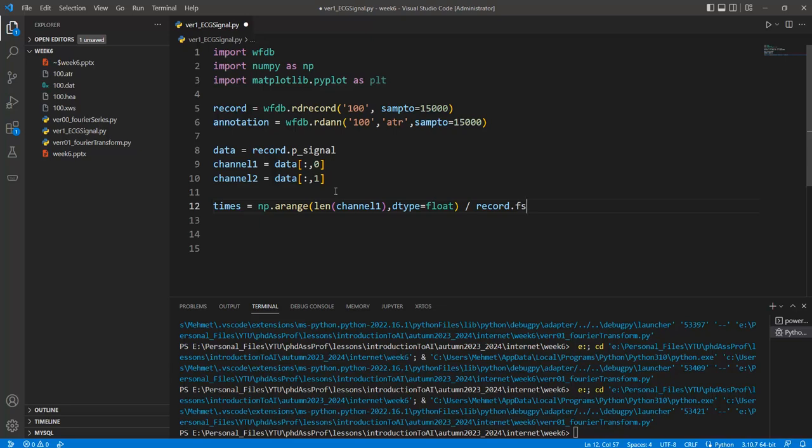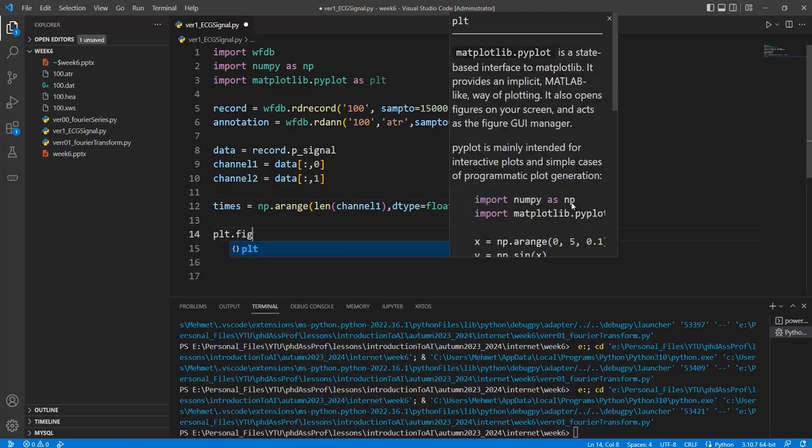This sampling rate should be divided by this term in order to get the true time values, okay? Because we have 15,000 data points in here, and if we divide by the sampling rate, then we will get the time values, okay?